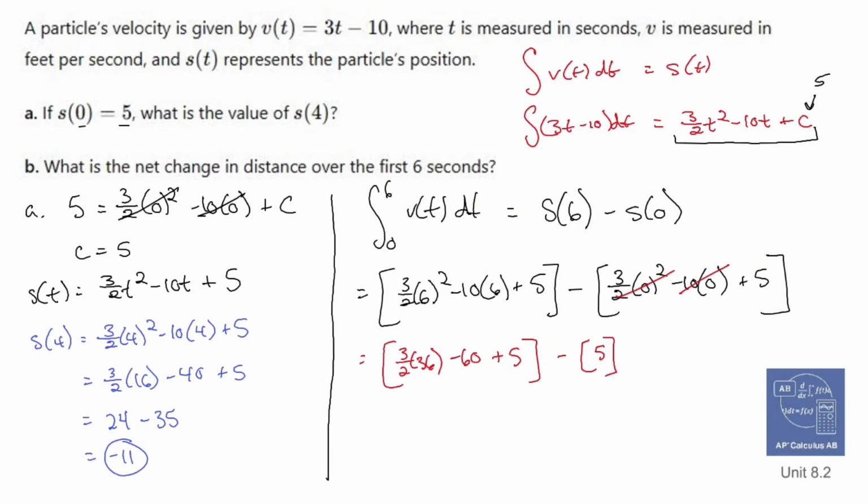So 3/2 of 36, which I should be able to do right now, 18 times 3 is 54. 54 minus 60 is going to be negative 6. So at the end of the day, we are 12 feet behind where we started.